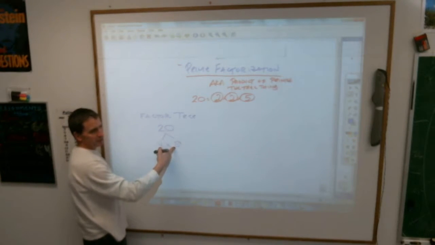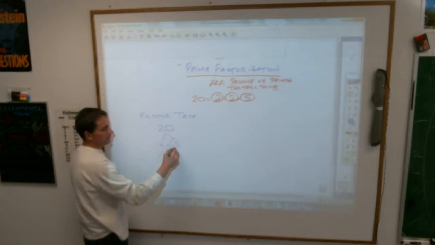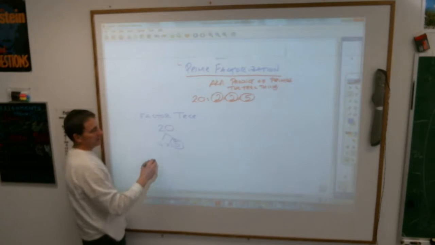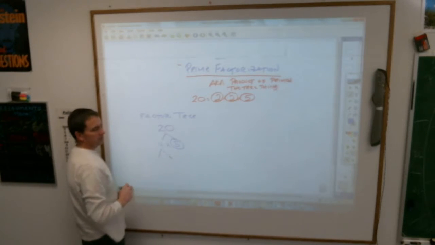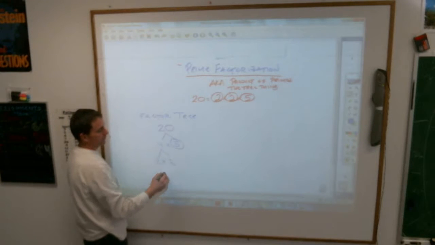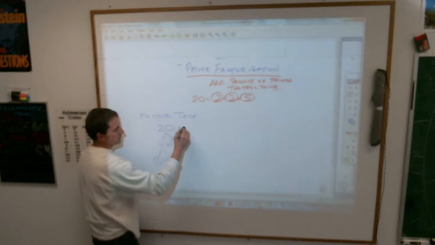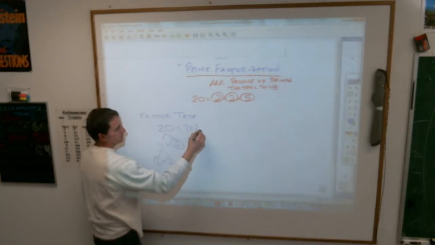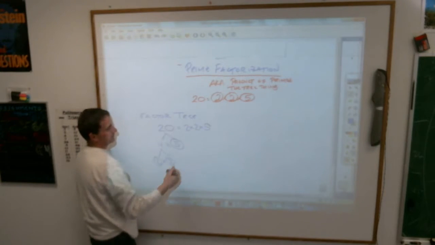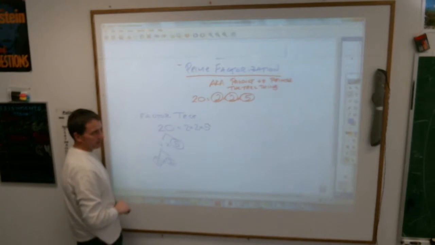You can't split 5 down. You can always put 1 times something, but that doesn't do you any good. So you stop and circle that 5. But 4 can be broken down into 2 times 2. These are both prime, so you can stop there. Then you rewrite your answer as 20 equals 2 times 2 times 5. This is a factor tree because it looks like a tree as you factor it out.